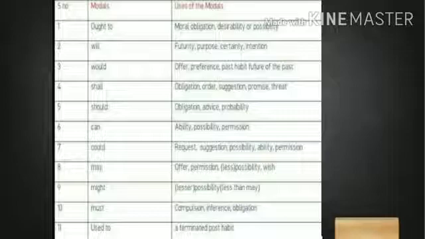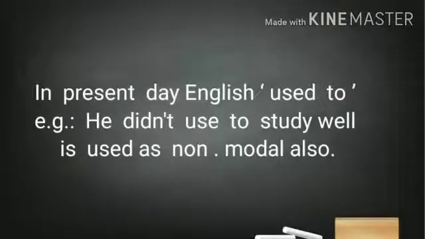Might, possibility in a lesser quantity, that which is lesser than may. Must, compulsion, inference, and obligation. Used to, a terminated past habit. In present day English, used to is used as a non-modal also, like he didn't used to study well.